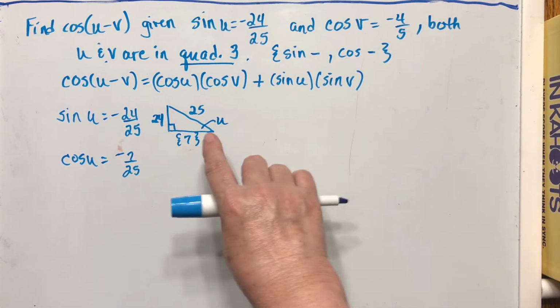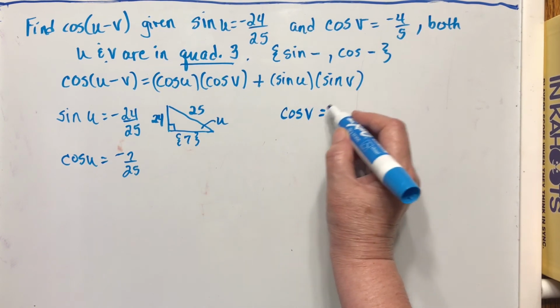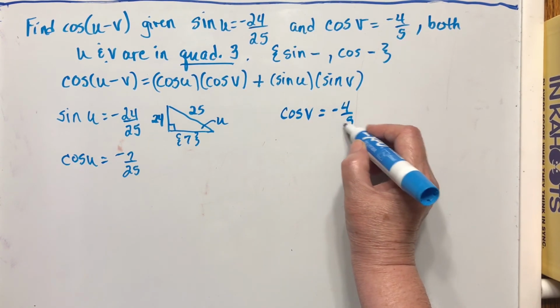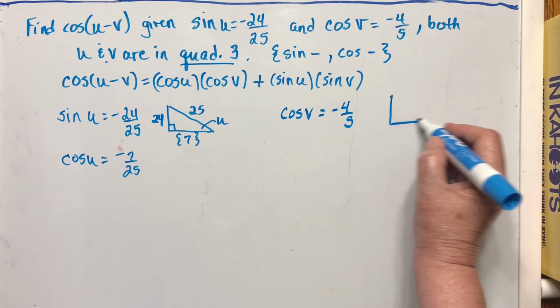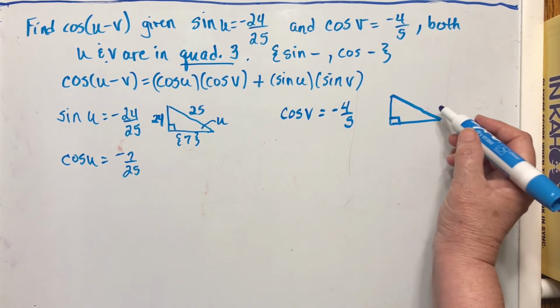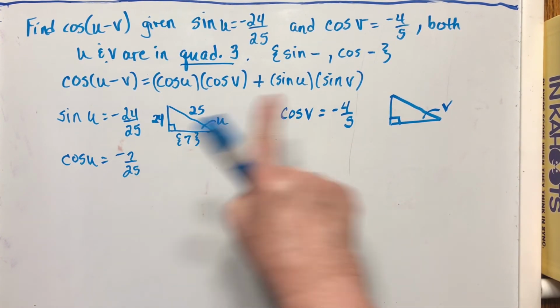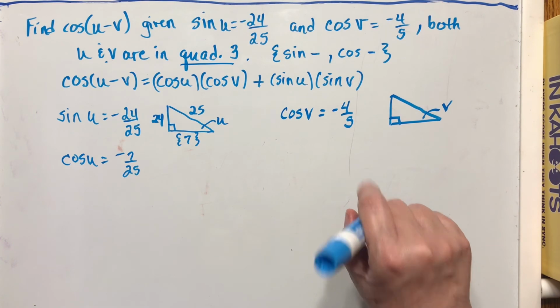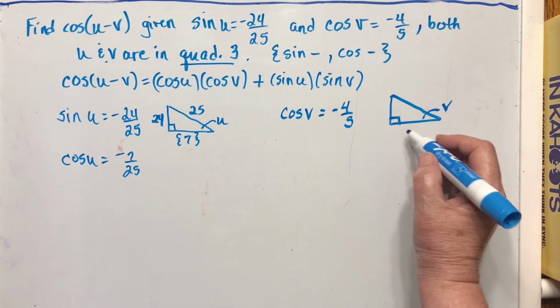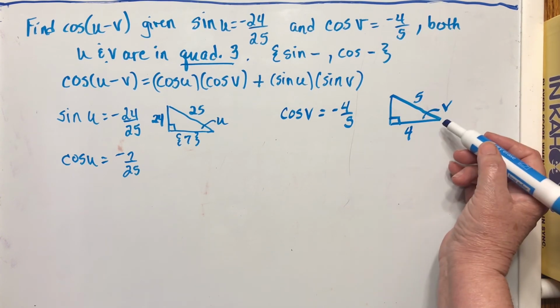Now for angle v, the given information is that the cosine of v equals negative 4 over 5. So I'm going to draw just a regular old right triangle. This time it's angle v. That's why we had to draw a whole new triangle, because we're not talking about angle u anymore. We have angle v. Cosine is adjacent over hypotenuse. So adjacent to v is 4. The hypotenuse is 5.